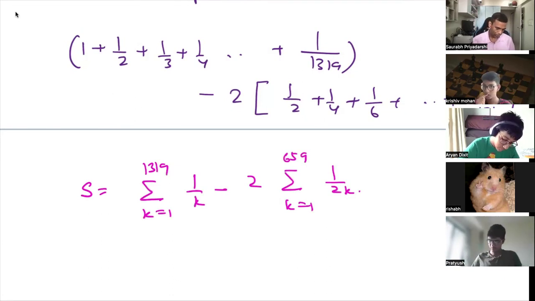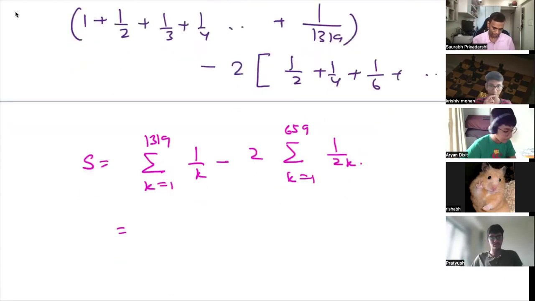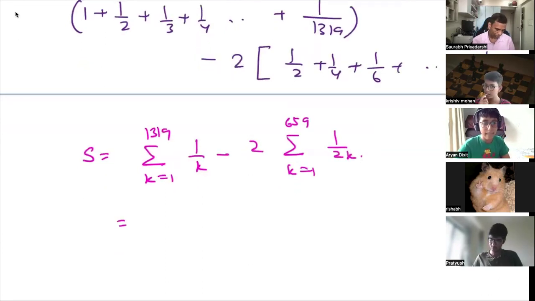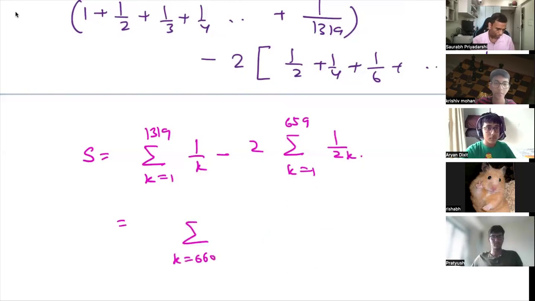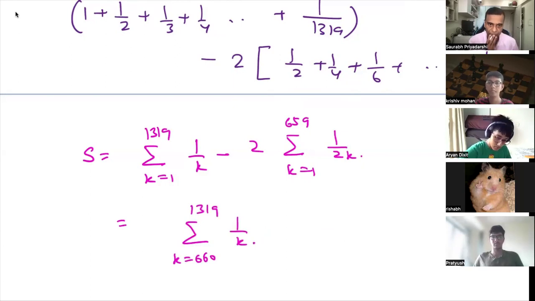So from this, I can say only the terms coming are from 660 to 1319. This is 1 by K.